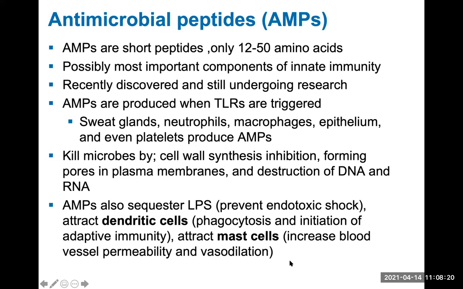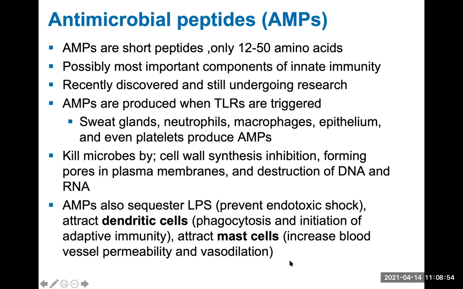But we also see another important function of AMPs is to sequester, or group together, and get rid of LPS. So LPS, lipopolysaccharide, we talked about, when there's enough of it, can cause an overstimulation of the immune system, which would lead to shock. So we call that endotoxic shock. So AMPs are really good at helping to reduce the likelihood of endotoxic shock.